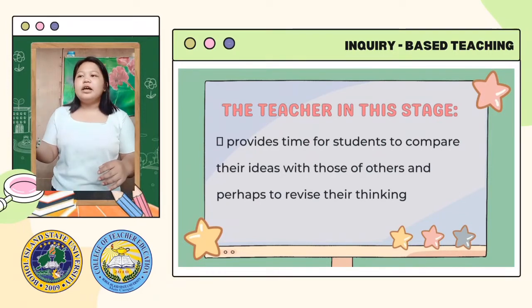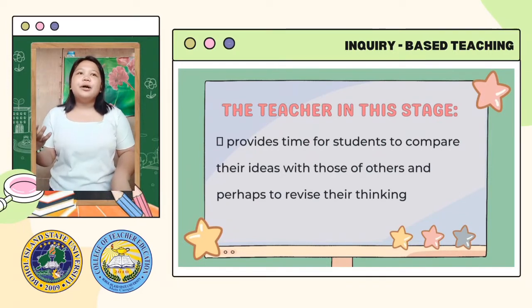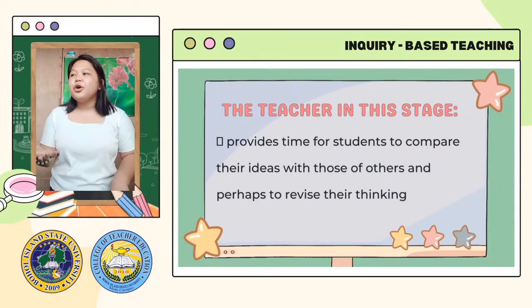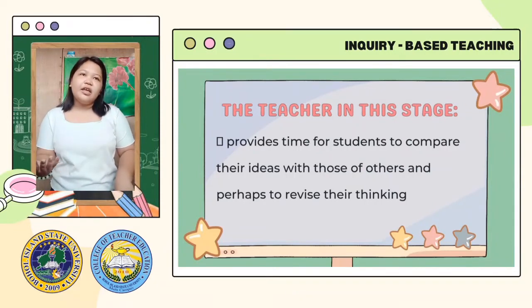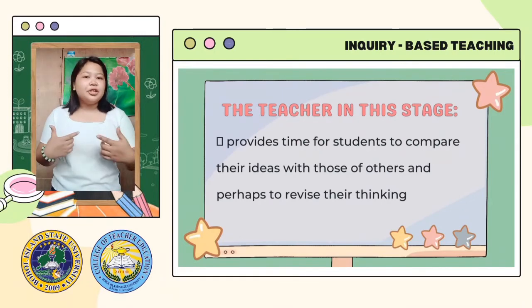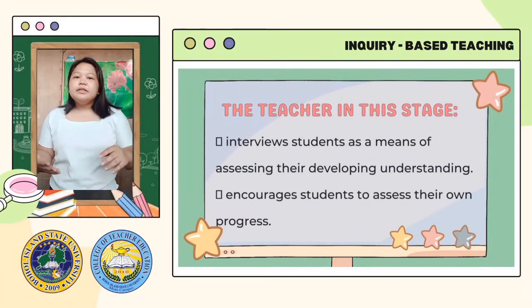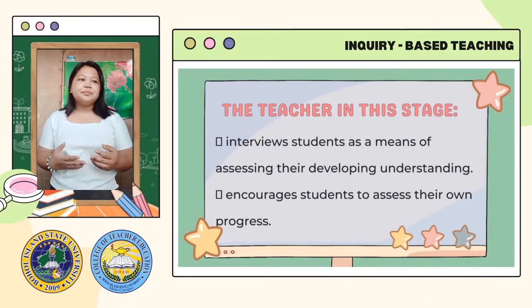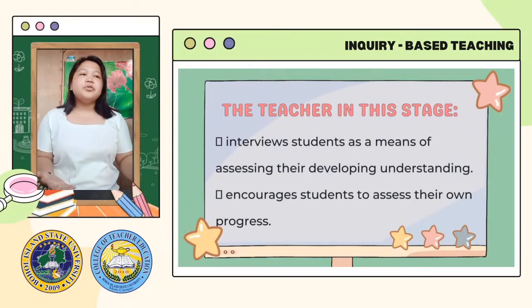So it allows teachers to give activity to students where they would be able to think the concept on their own, pair with other students, and then share what they have learned, and then make a new concept out of it. So revise their thinking. The teacher in this stage also interviews students as a means of assessing their developing understanding. So the teacher would make a reflective question.